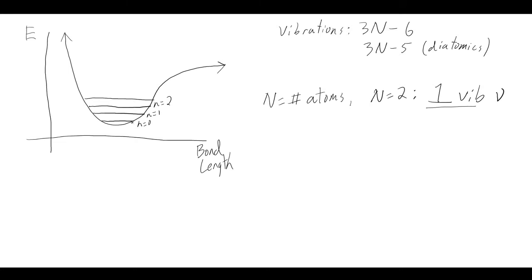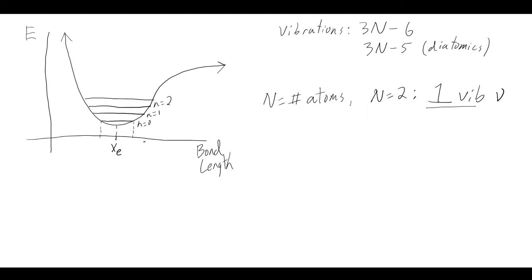So let's think about this in the n equals 0, the lowest possible state of vibration. It has this certain frequency, whatever it is for this particular molecule. And what this rung of the ladder symbolizes, and the length of this bar, tells us is how far apart, to the right, the atoms get, and how close together the atoms get, right?